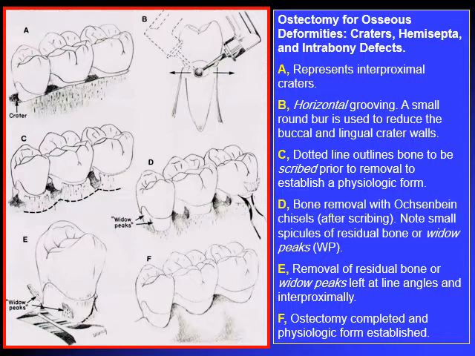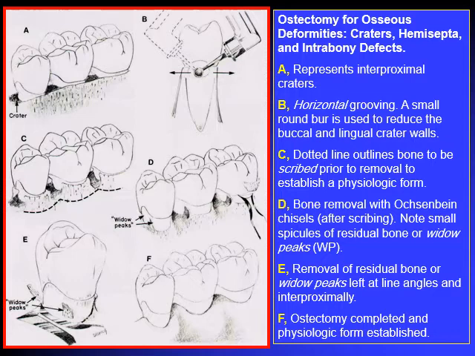So we have to scribe the bone to be removed, as you see in C, the dotted line. Then remove the bone with a chisel. In D, bone is removed with a chisel.